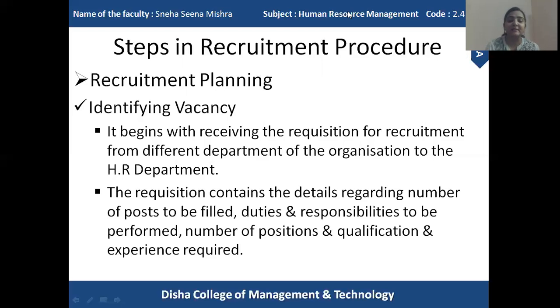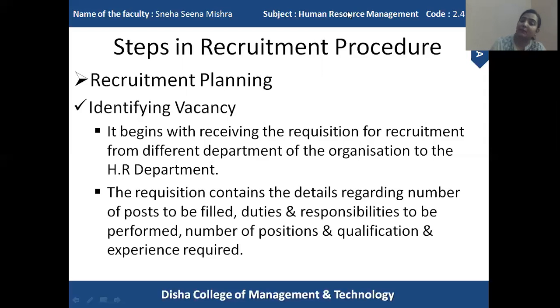What are the duties and responsibilities of each and every post, each and every job which is vacant. Now the total number of positions: for example, in a department 5 posts are vacant. Do they belong to one category, one level of designation, or to different categories? That needs to be mentioned.